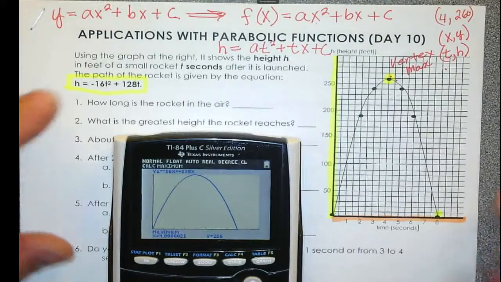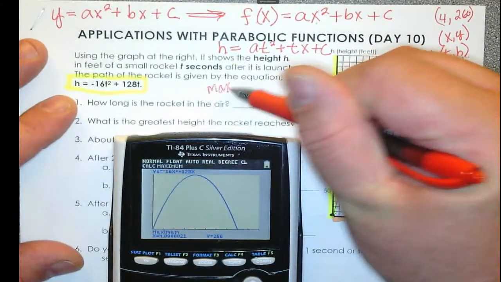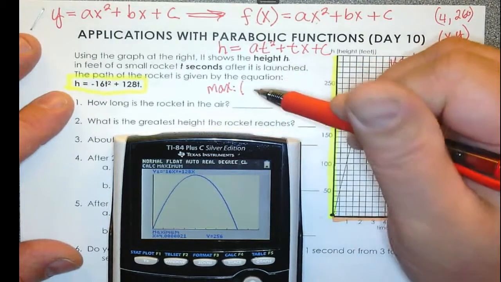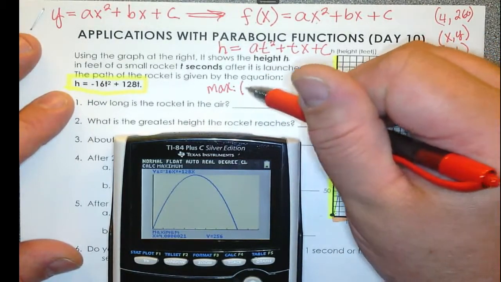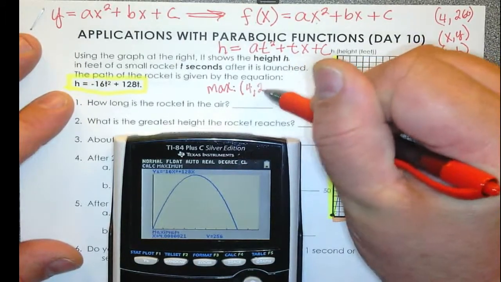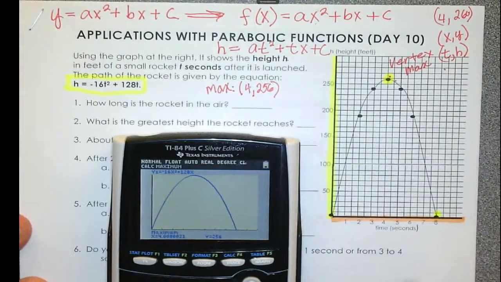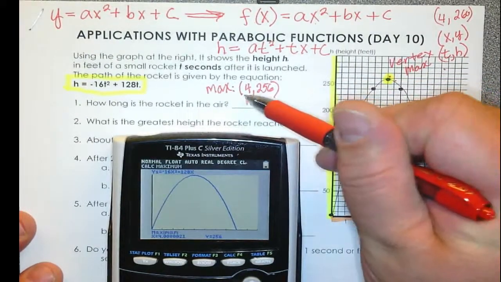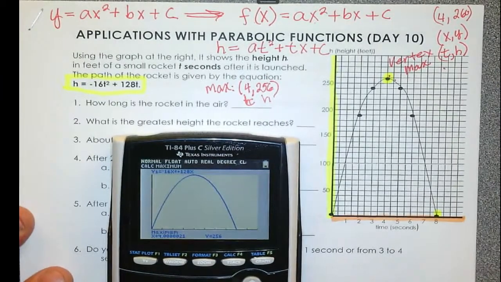And it gave me a vertex, the max, which, by the way, you're going to have to do on part of the test, because I think that was unit 8 or 9. The max is 4, 256. So we were pretty close with 260. So that's my max. That's my x, that's my y, or my t and my h. Maximum height is 256.